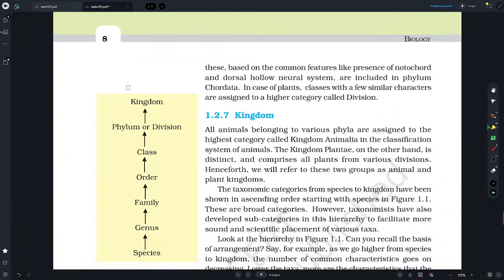All these are based on common features like presence of notochord and dorsal hollow neural system, and are included in the phylum Chordata. Chordata is a phylum, and under this there are various classes. In case of plants, classes with a few similar characters are assigned to a higher category called division.